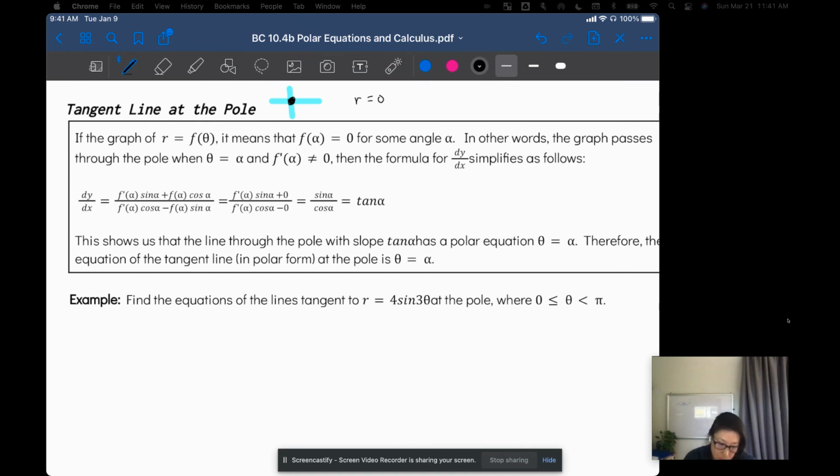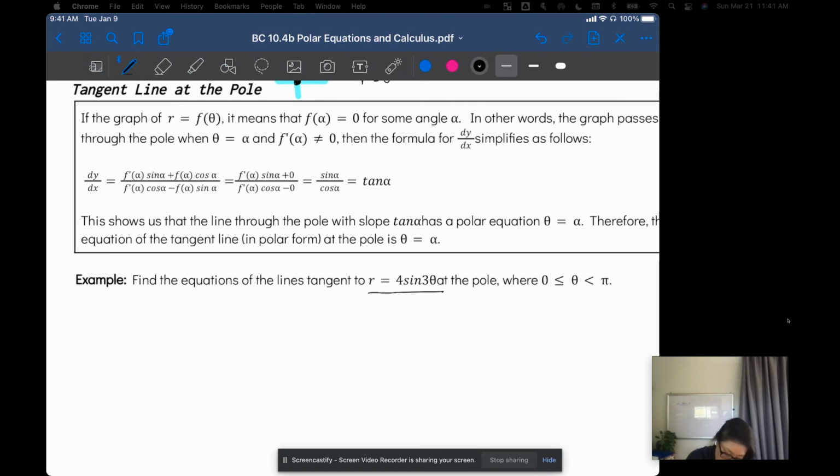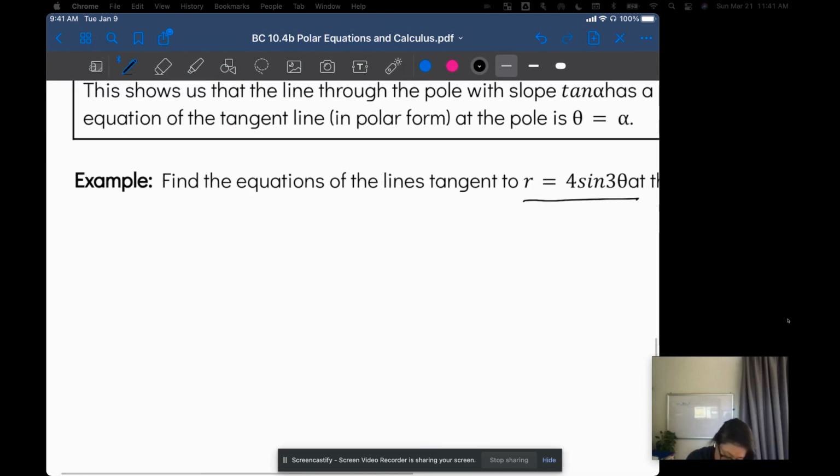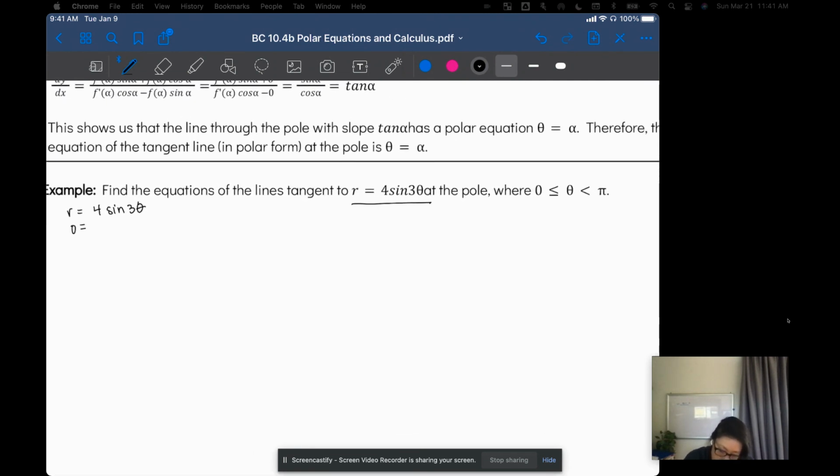What we can do is take our equation and set that equal to 0. So we have r is equal to 4 times the sine of 3 theta, and we're going to find the tangent lines when theta is between 0 included and pi excluded. We're just going to find the coordinating angles that go with our radius of 0.